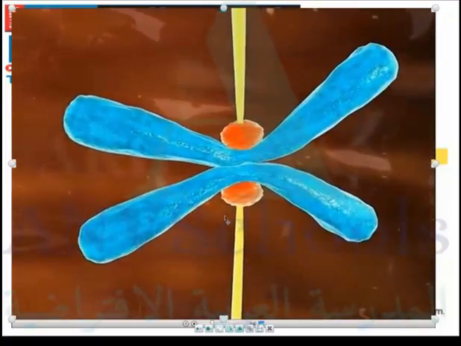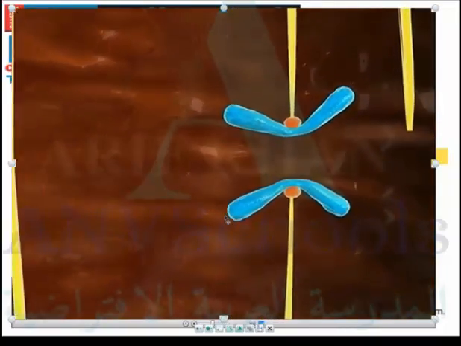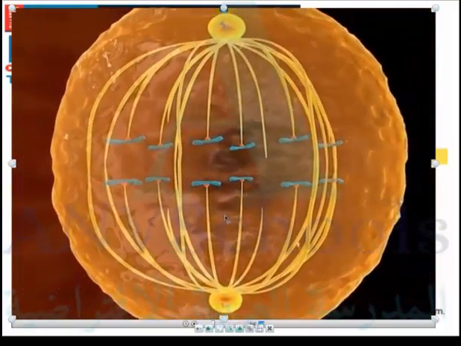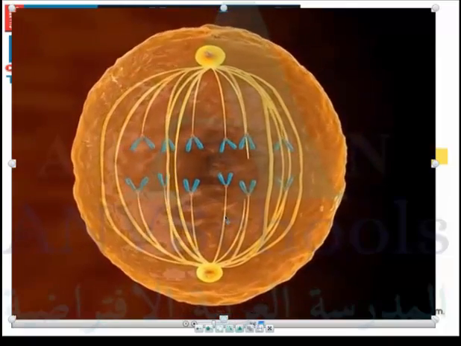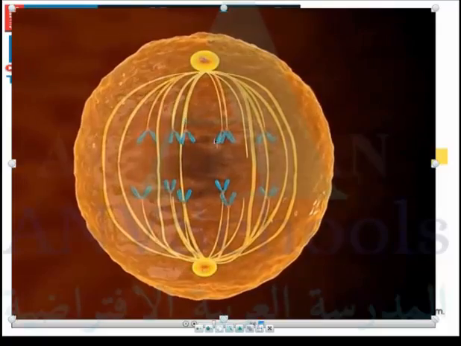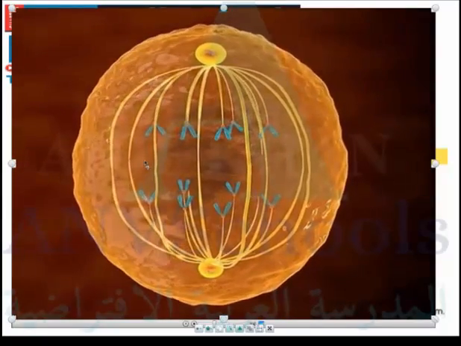During anaphase, they are pulled towards the poles. As you can see from the video here, they are pulled towards the pole. So in the equator here, there is nothing.